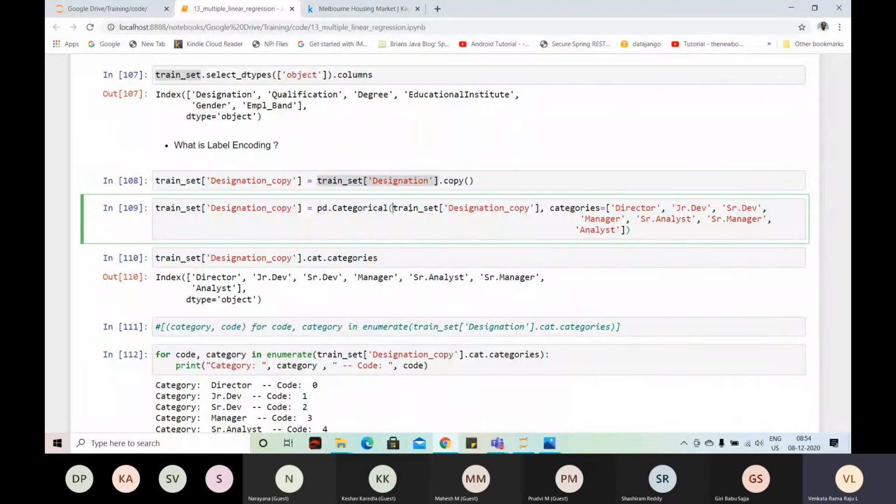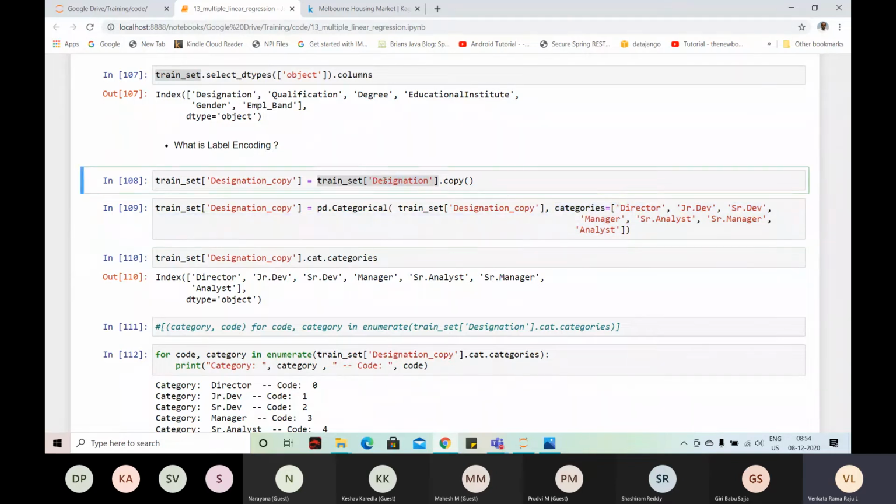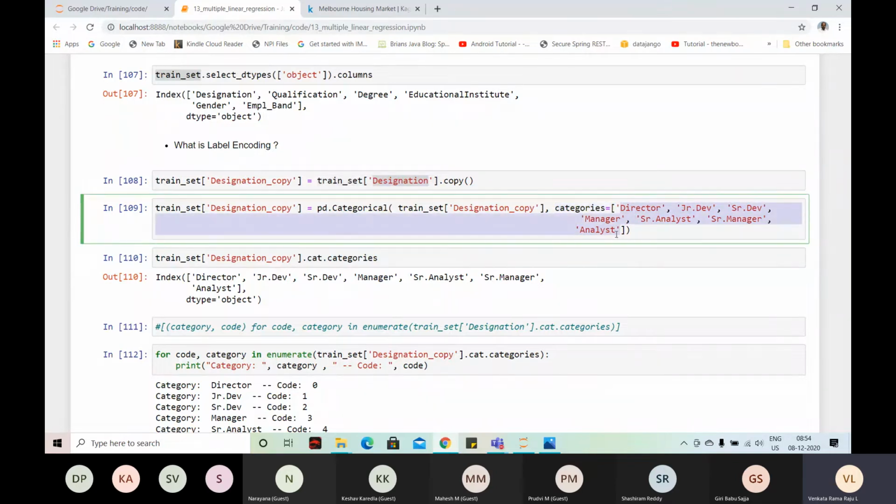While converting the column into categorical, I specified all the categories which are there in the column. So designation has got all these distinct categories. When you create a column, you specify all the allowed values in the column. Like that, I am converting a string column into a categorical where I am specifying all the categories. There is a purpose for this also.